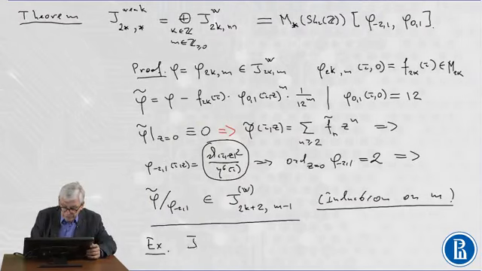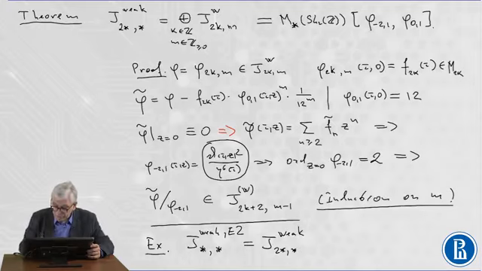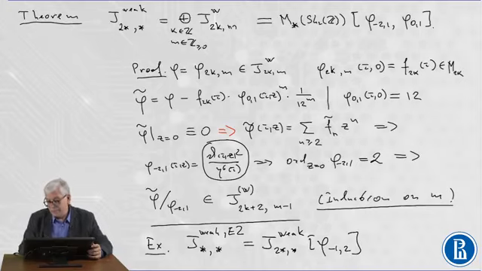Try to show that the graded ring of all weak Jacobi forms of Eichler-Zagier type is a quadratic extension of this graded ring, and for the generating function you have to take the Jacobi form of weight minus 1 and index 2.